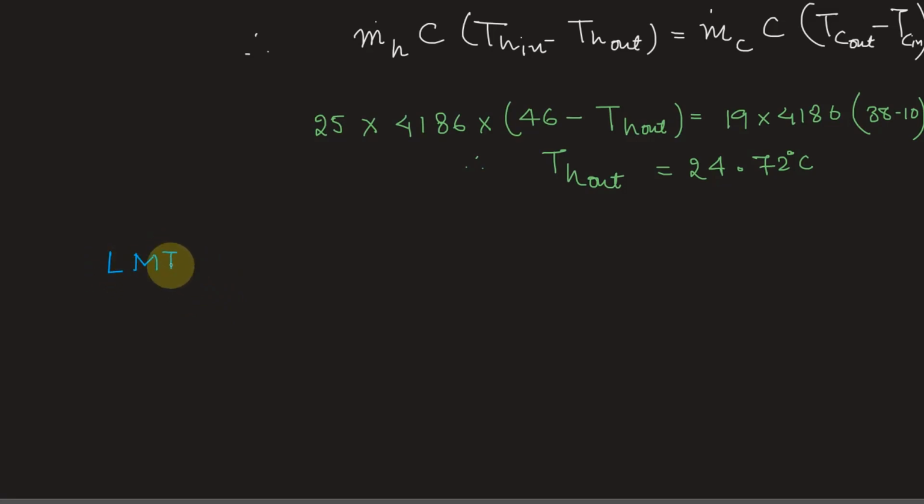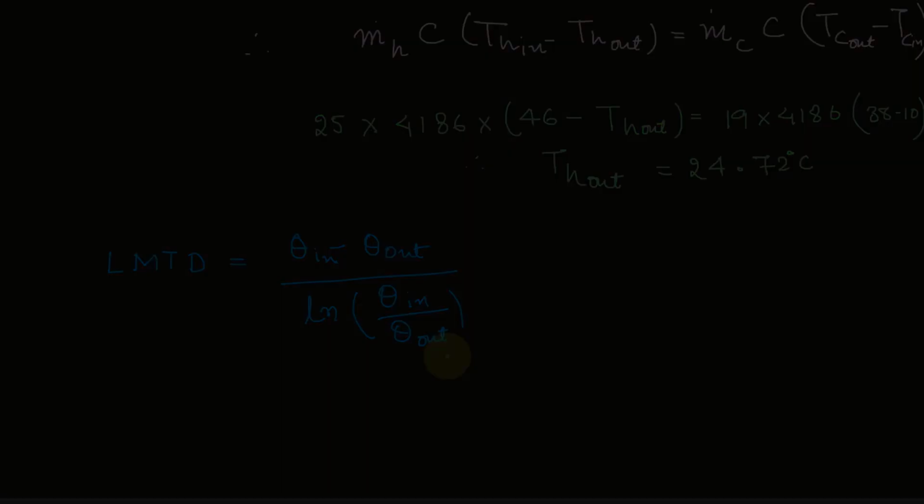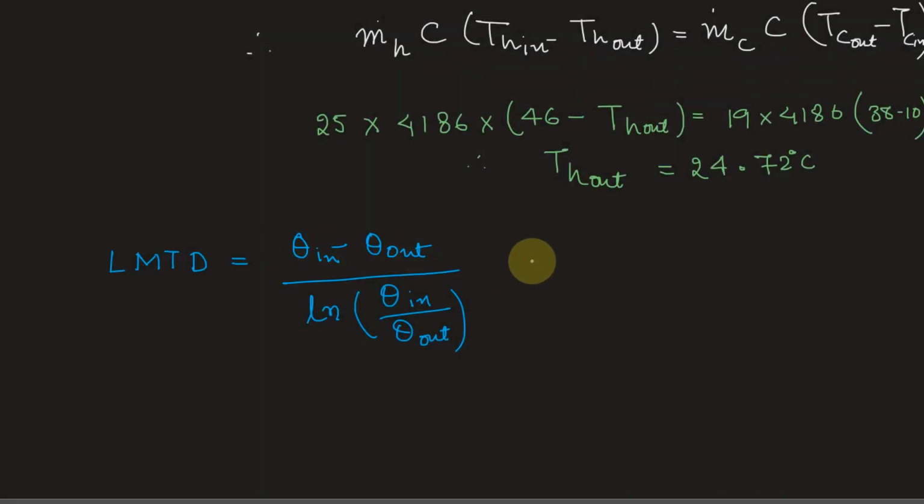Now actually we need to calculate the LMTD in this question, that is the logarithmic mean temperature difference, which is given by the temperature difference at the inlet minus the temperature difference at the exit, divided by ln theta in by theta out. Now let's calculate theta in and theta out.